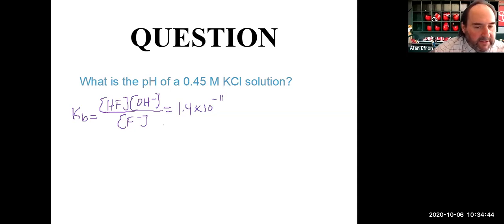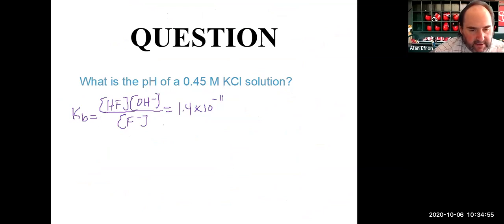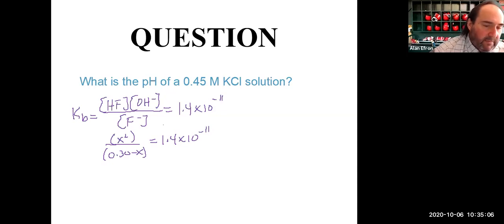At this point, we're going to substitute in our equilibrium lines. What we had was x squared over 0.3 minus x. So that will give us x squared over 0.3 minus x equals 1.4 times 10 to the minus 11. Since this is a small value of K, we could assume that x is equal to 0 in the denominator.